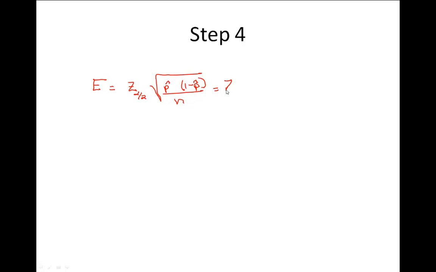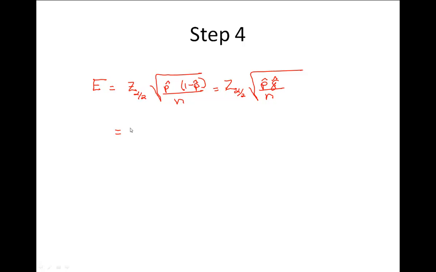Or if your teacher's using the Q, that's z alpha sub 2 times the square root of p hat q hat over n. Same formula, just some teachers use 1 minus p and other teachers use the Q.